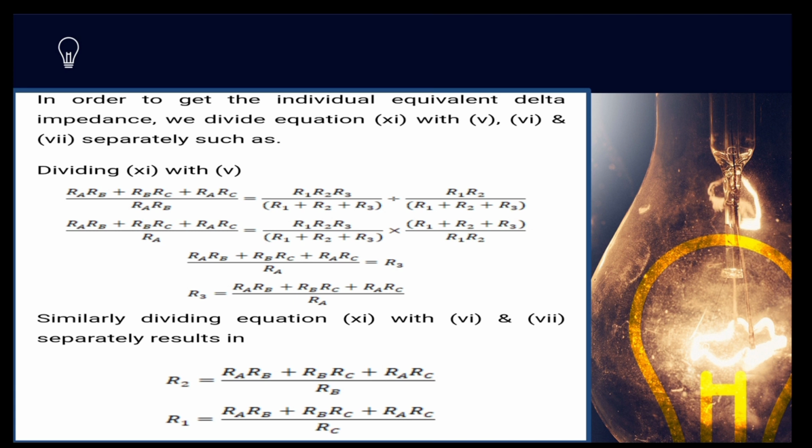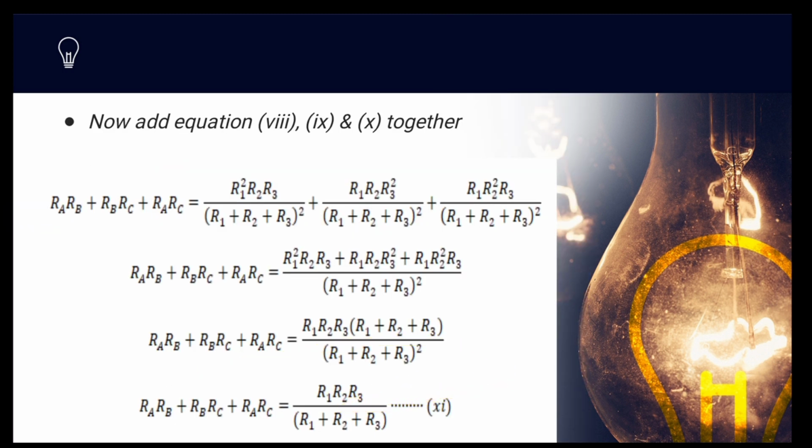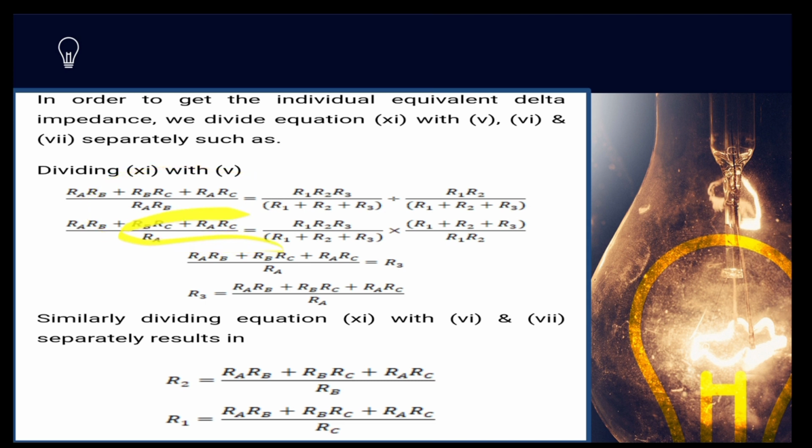In order to get the individual equivalent delta impedance or resistance, we divide equation 9 by 5, 6 and 7 separately, such that dividing equation 9 with equation 5, we will get the corresponding R1, R2, R3 in terms of RA, RB, RC.